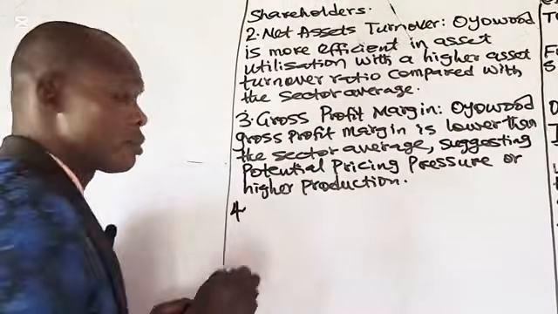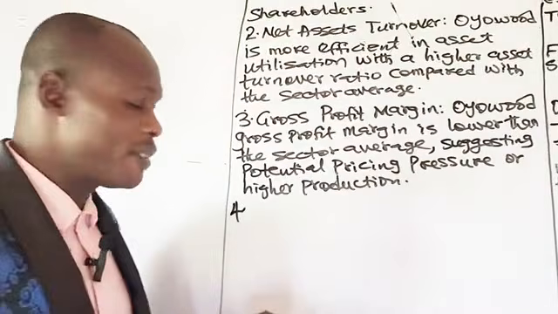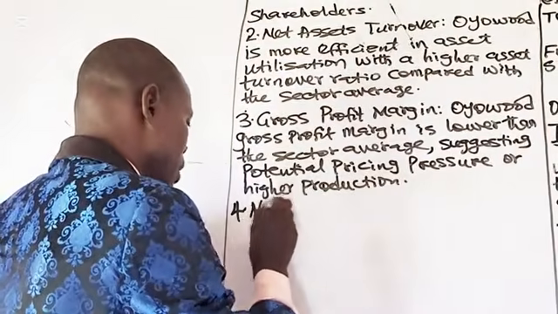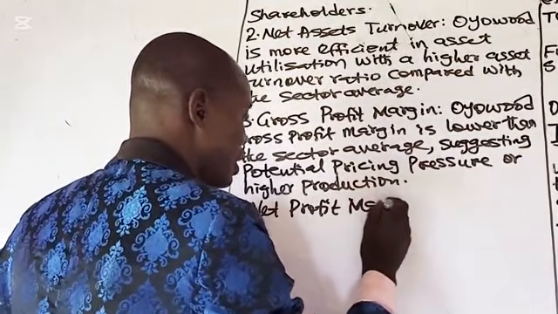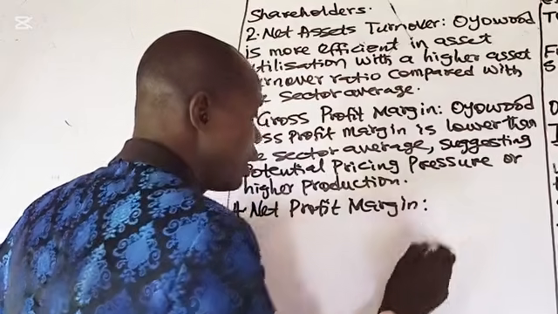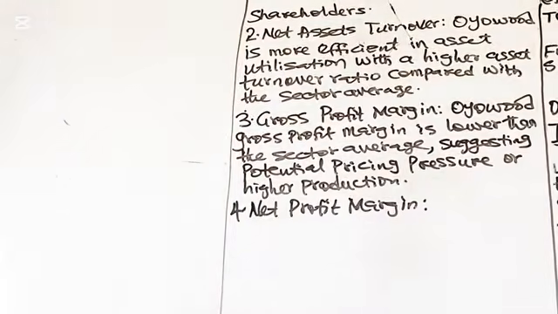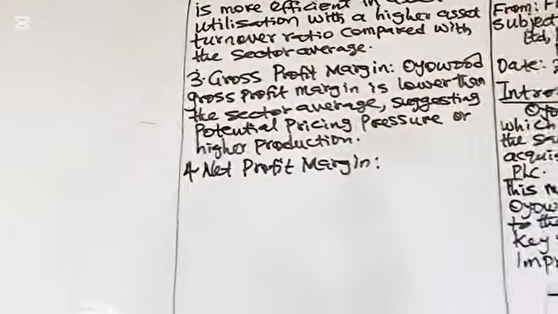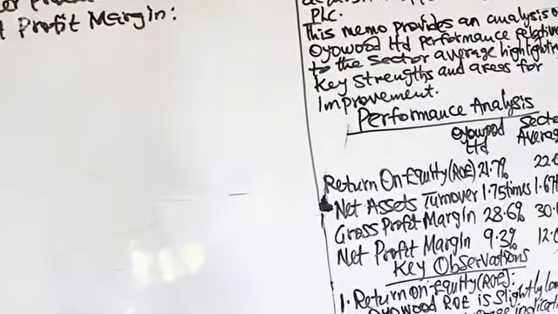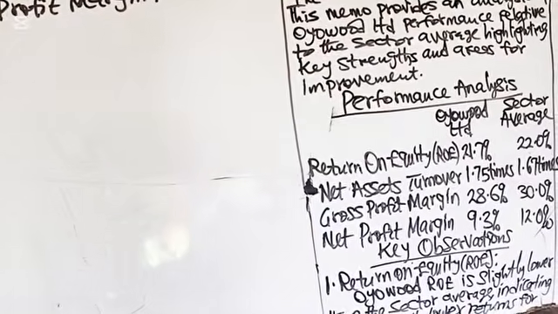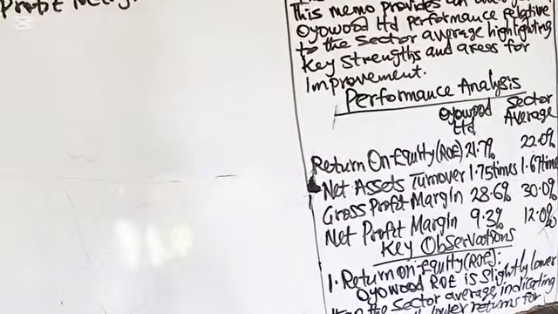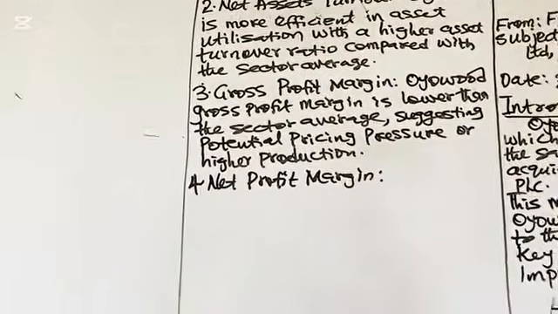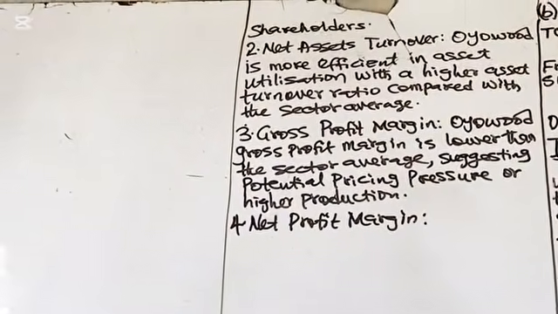Number 4, we have net profit margin. Let's check the results obtained from our calculation. The net profit margin of Oyo Wood is 9.3%. That of the sector average is 12%. What can you say about the net profit margin?